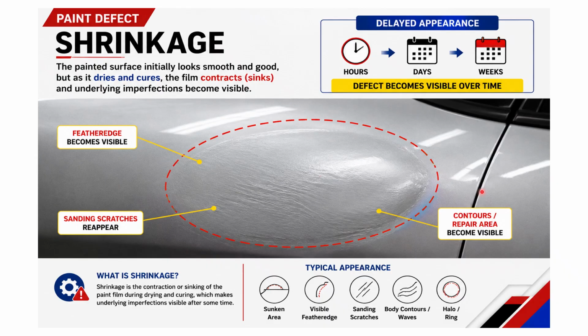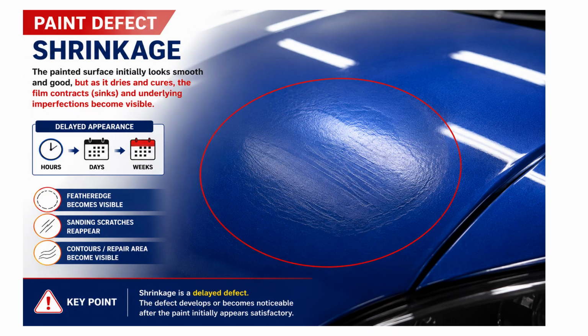The painted surface initially looks smooth and good, but as it dries and cures, the film contracts or sinks and underlying imperfections become visible. There is another diagram showing the defect, paint defect shrinkage, which is self-explanatory.